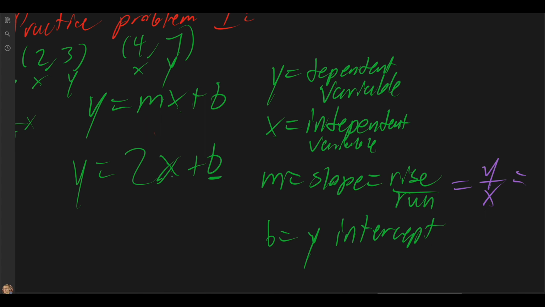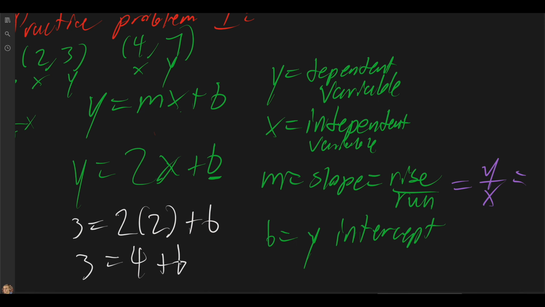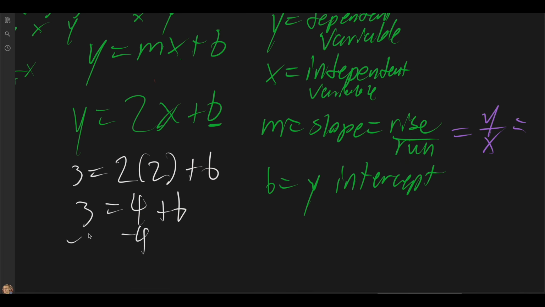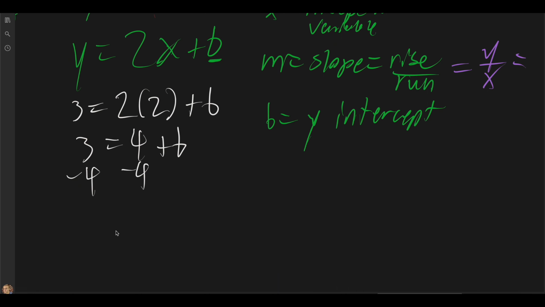Since we already have an x and a y here, we can do 3 is equal to 2 times 2 plus b. It looks like 3 is equal to 4 plus b, so subtracting 4, negative 1 is equal to b, or b is equal to -1.